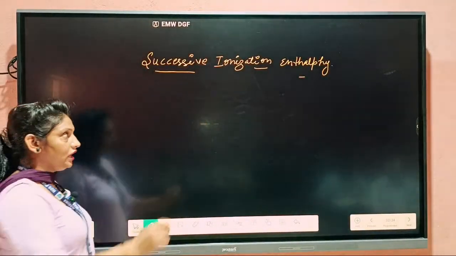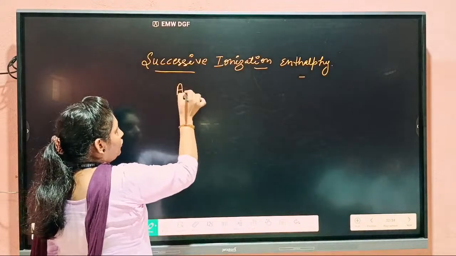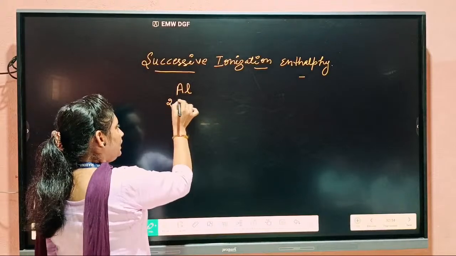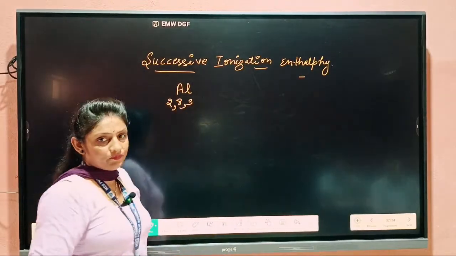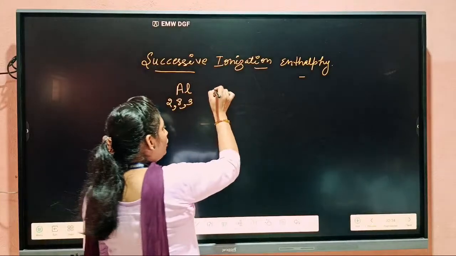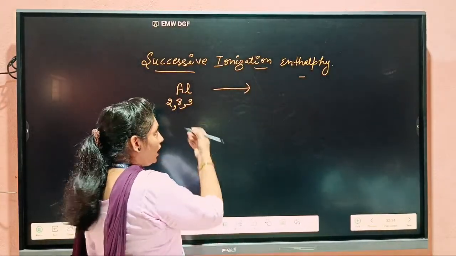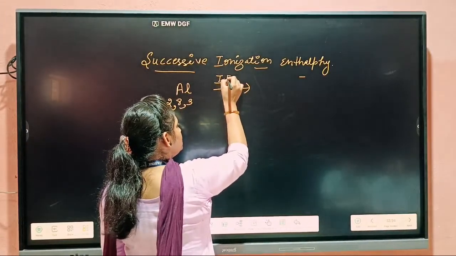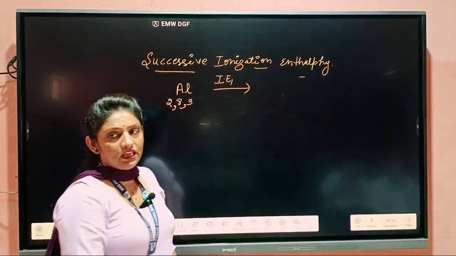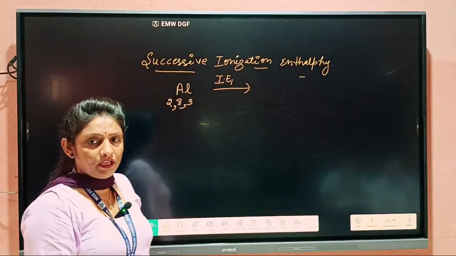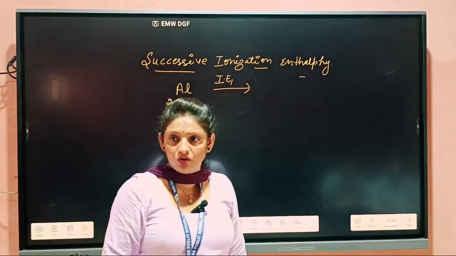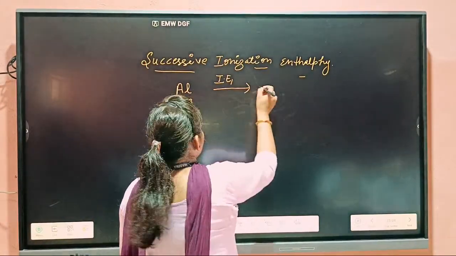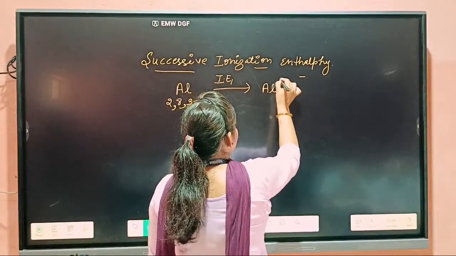Successive ionization enthalpy, students. For example, if we have aluminium, atomic number is 13, so the configuration is 2, 8, 3. First, I want to remove one electron from the outermost shell. So I will provide some energy, let us consider it IE1, the ionization enthalpy for removal of the first electron. After removing one electron, it will convert into Al plus.